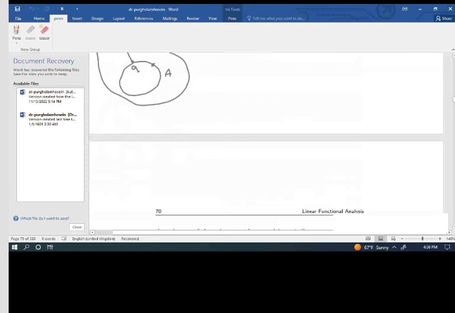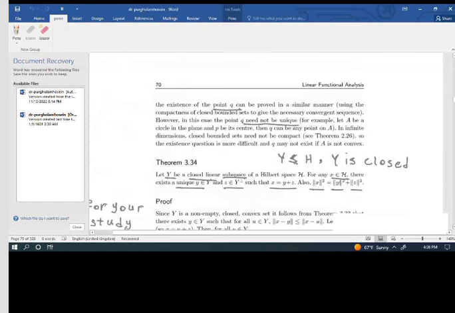And the remark, I remember that I spoke about the remark.